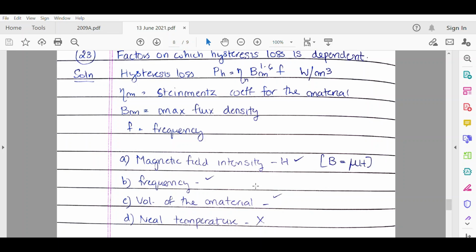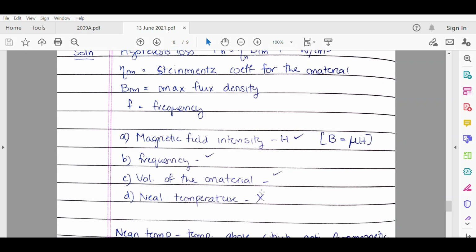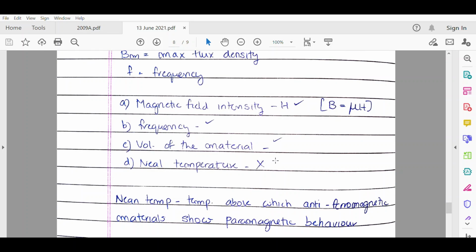Now the third option is volume of the material. Now the hysteresis loss as expressed by this formula is per unit volume. So the volume of the material has a bearing on the net hysteresis loss. Now the fourth option given is the Néel temperature.